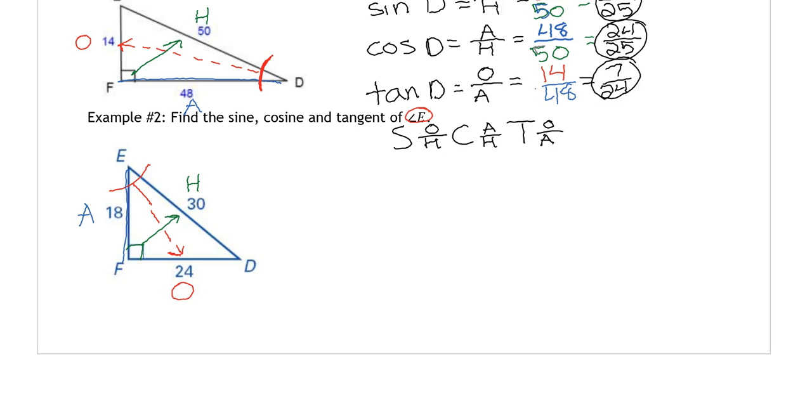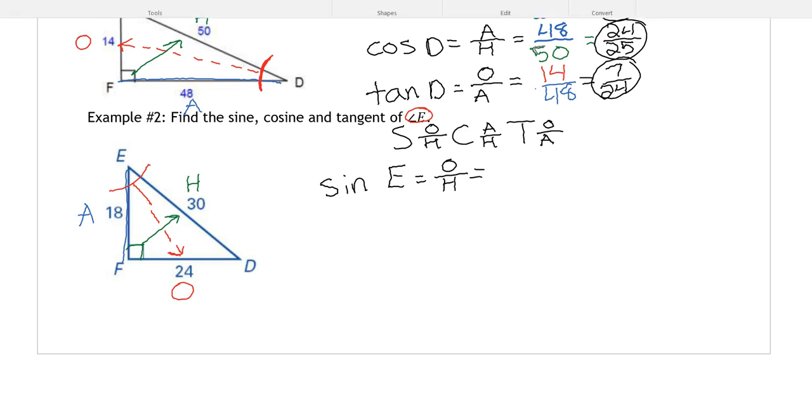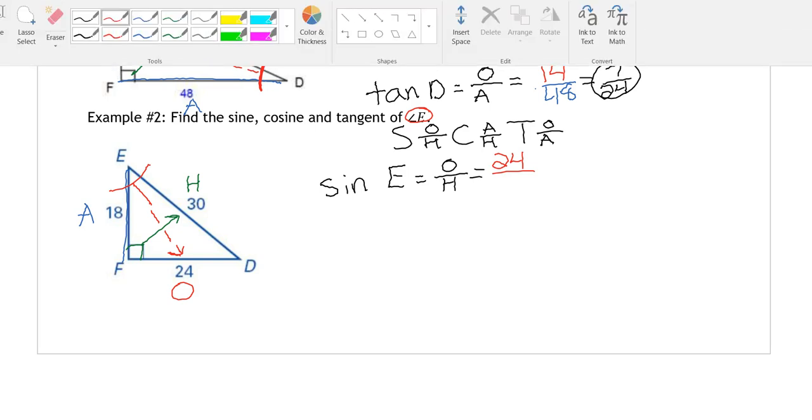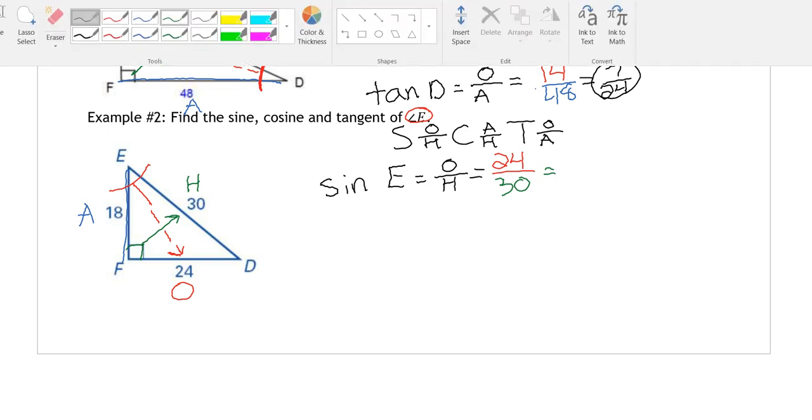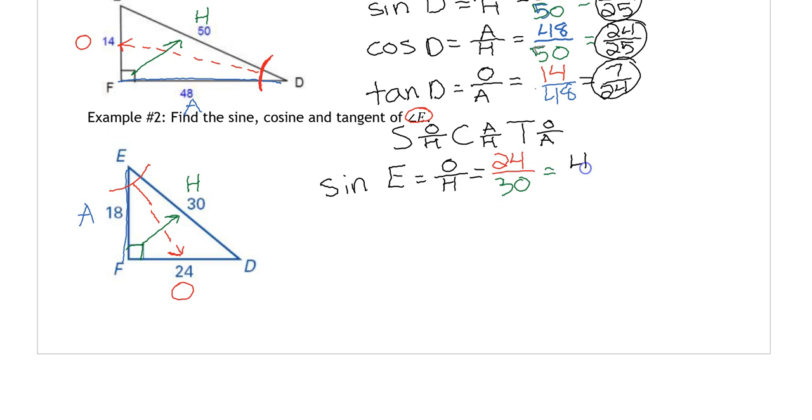So let's start with sine. Sine of E equals opposite over hypotenuse. My opposite side is 24. My hypotenuse is 30. When you do 24 divided by 30, you get 4 out of 5.